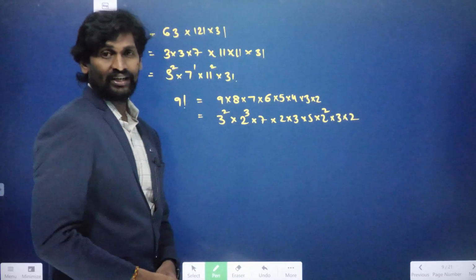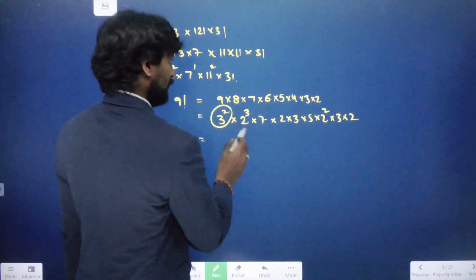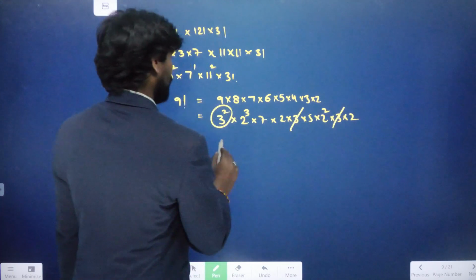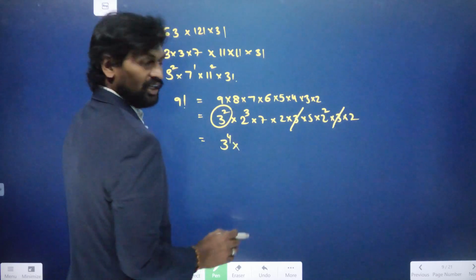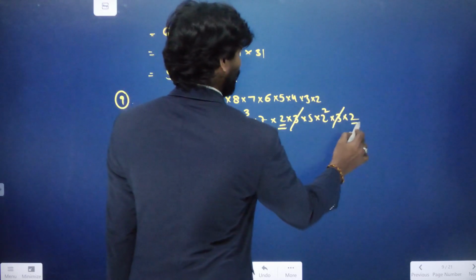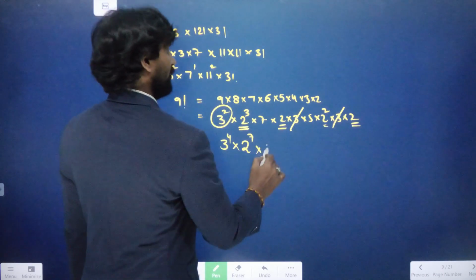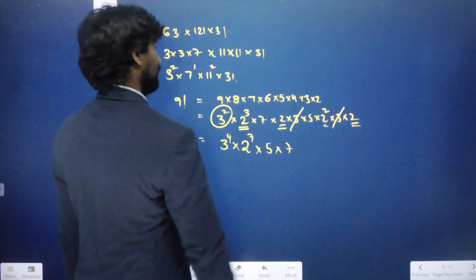So let us write it as single powers. 3 power 4. Now the powers of 2: 2 cube, 2 power 4, 2 power 5, 2 power 7. And 5 power 1 and 7 power 1.